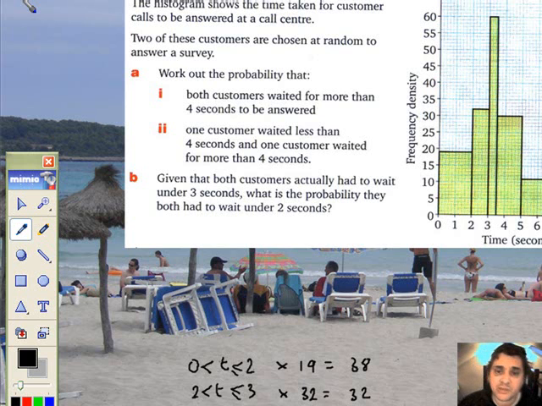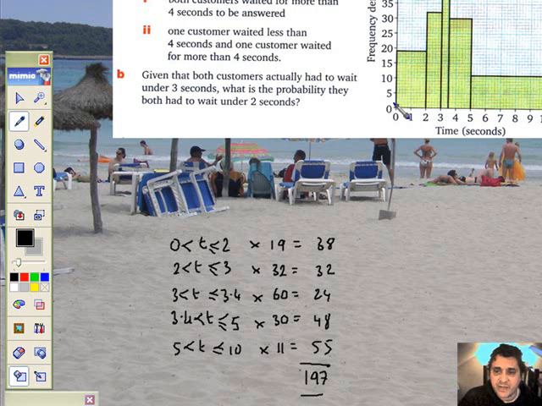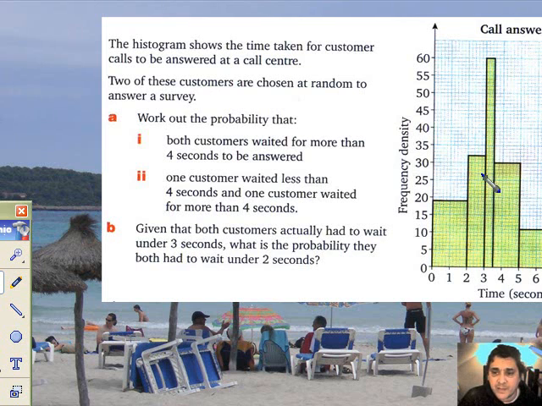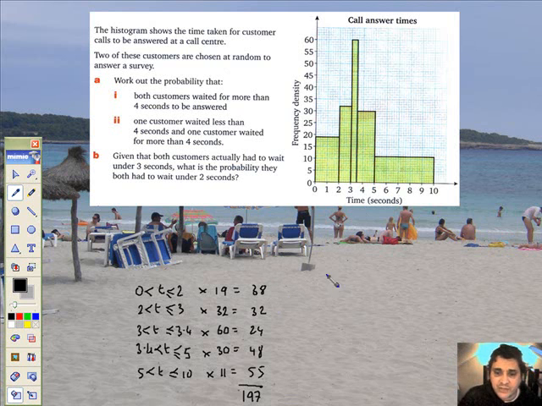The histogram shows the time taken for customer calls to be answered at a call center. Two of these customers were chosen at random to answer a survey. Now I've calculated, using the frequency density and the class width for each of these classes, the number of people represented by all of these 5 little bars, and I've shown it below.